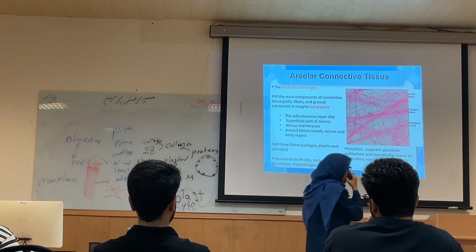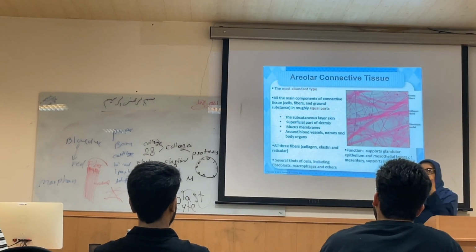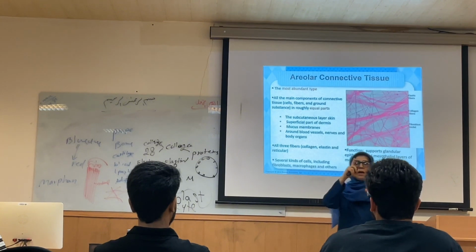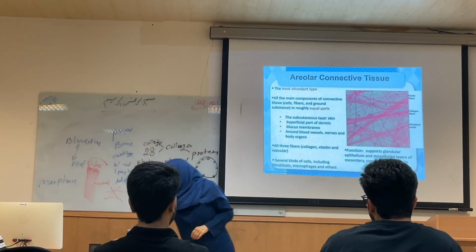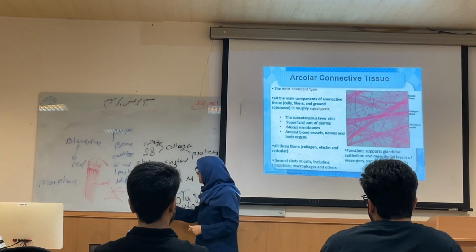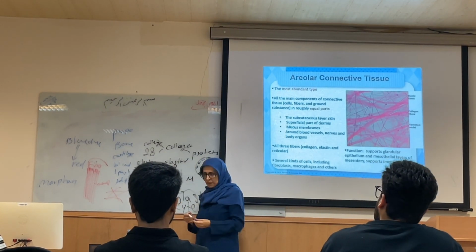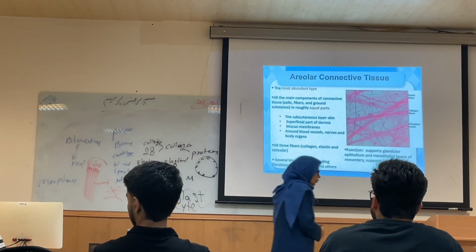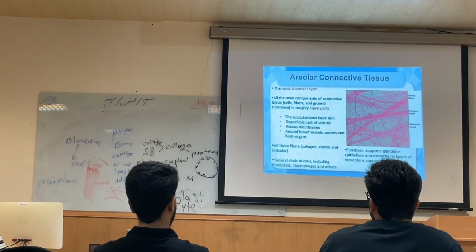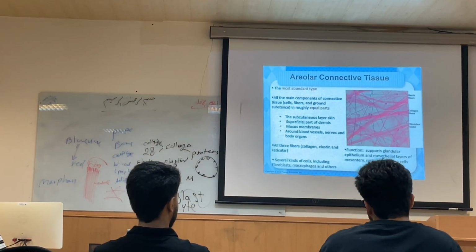They are the most abundant. The amount of cells, fibers, and ground substance are equal in these tissues: one part cells, one part fibers, one part ground substance. In the loose or areolar connective tissue, the cells are connective tissue cells such as fibroblasts, macrophages, or others.